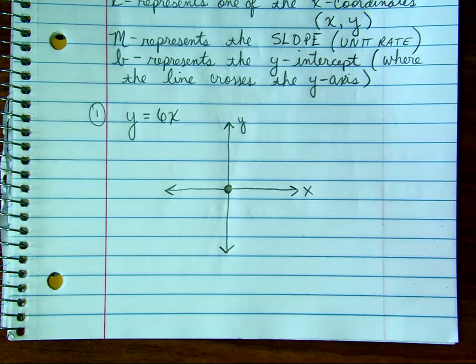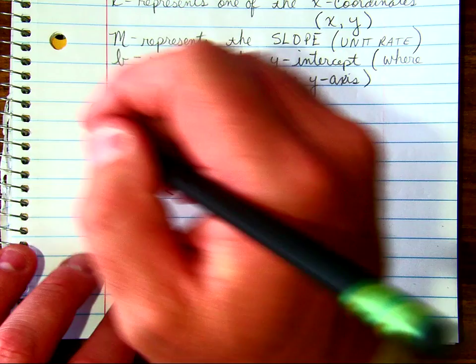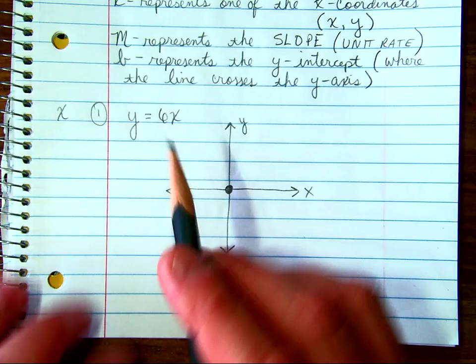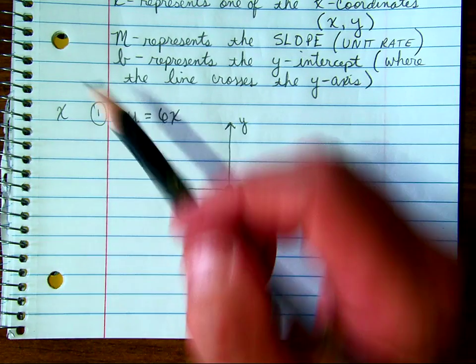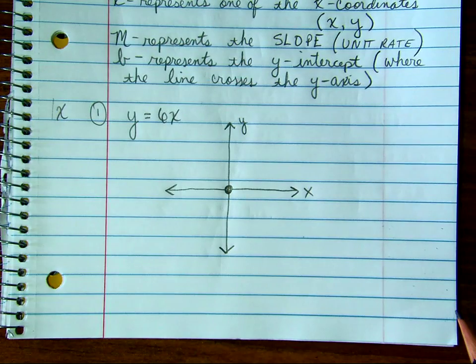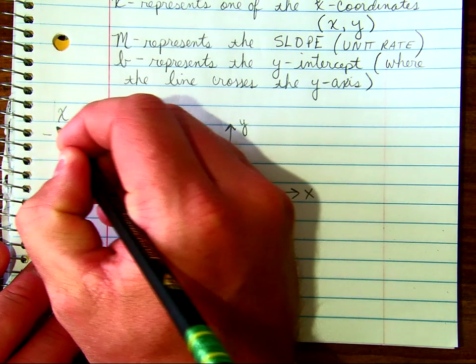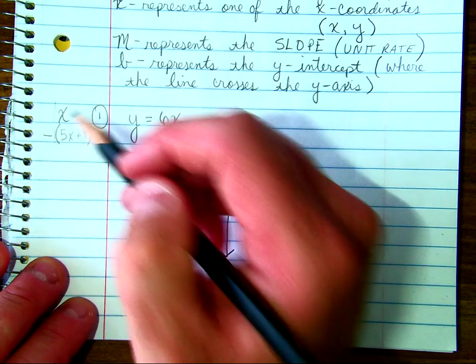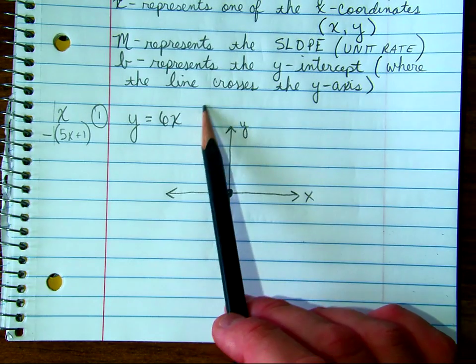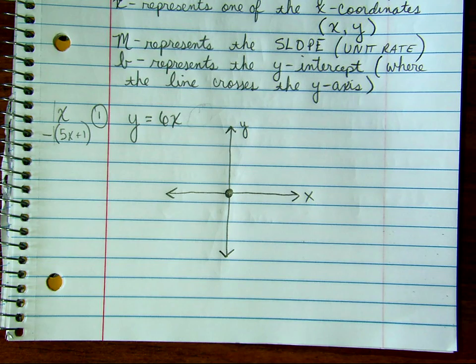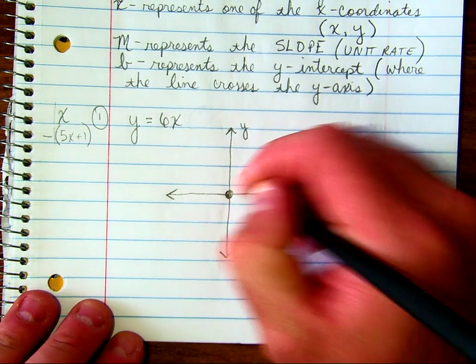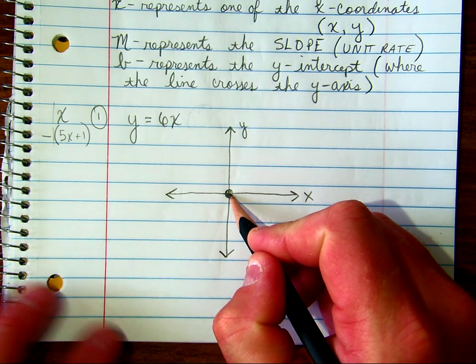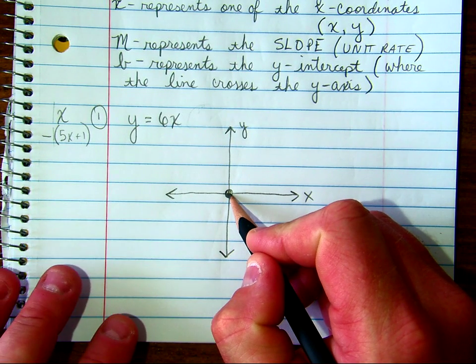I did say that when I talked about a coefficient. I said this. There's x. There's an invisible 1 there. If I go to distribute a negative to a parenthesis, there's an invisible 1 there. But here, there is no number. So I plot 0 at 0, which is called the origin. Very good.